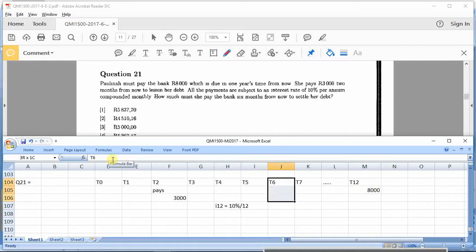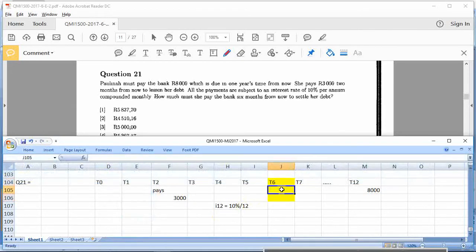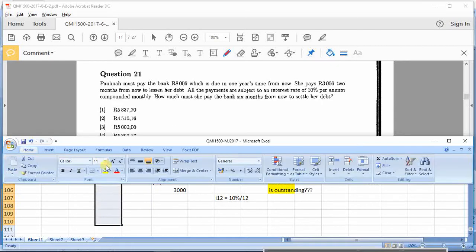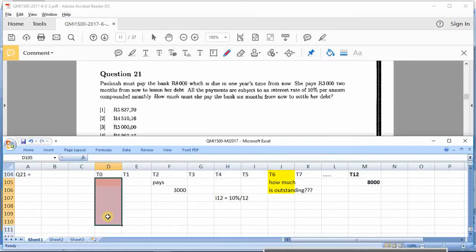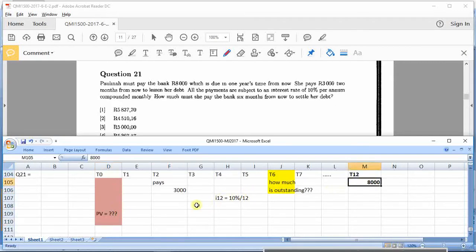Okay, so they want to know how much is outstanding. The first thing we need to work out is, well, this is the future value. We need to work out how much she actually owes here.